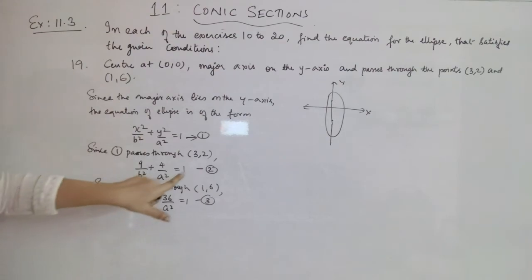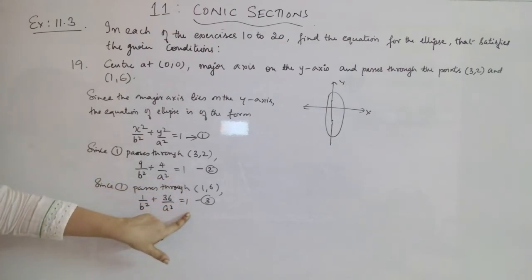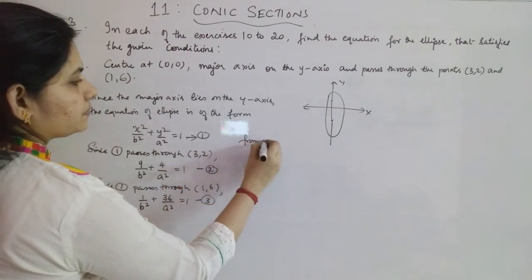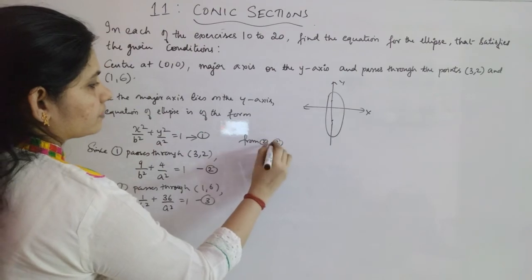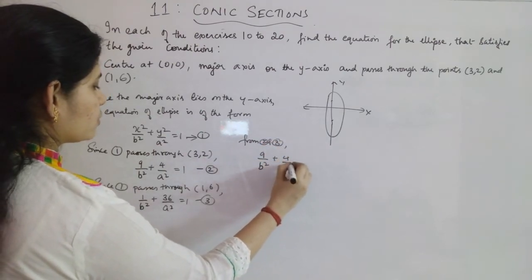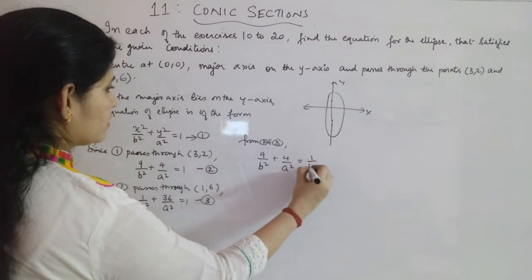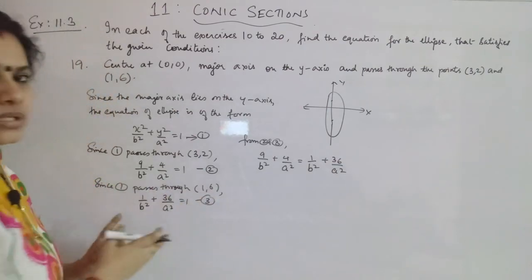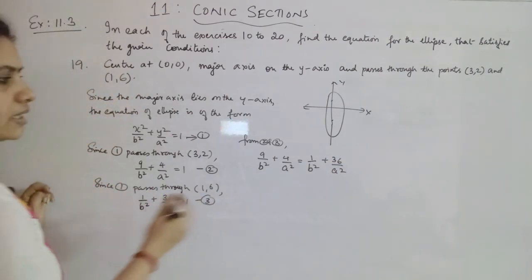Now, how can you solve? Here both right hand sides are 1, so we can equate them from 2 and 3. You will get 9 by b square plus 4 by a square is equal to 1 by b square plus 36 by a square. Either you can use LCM form, then also you will get the same thing.